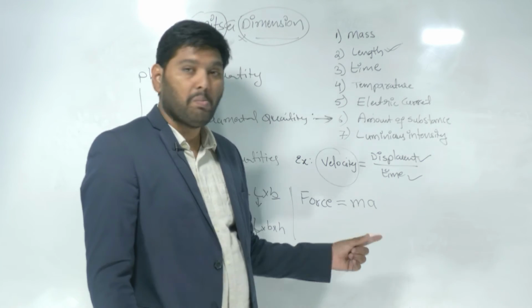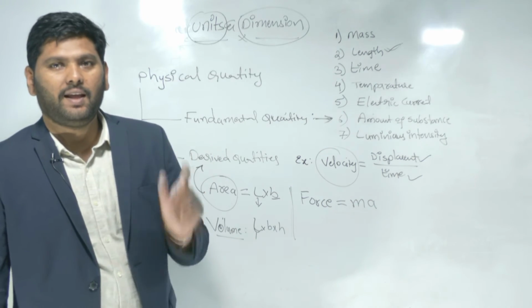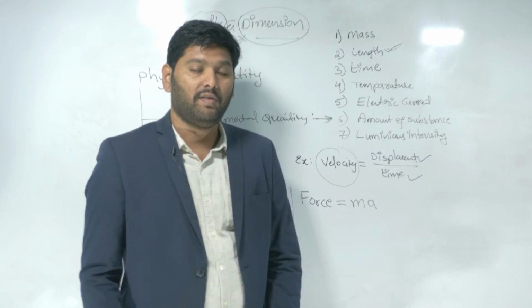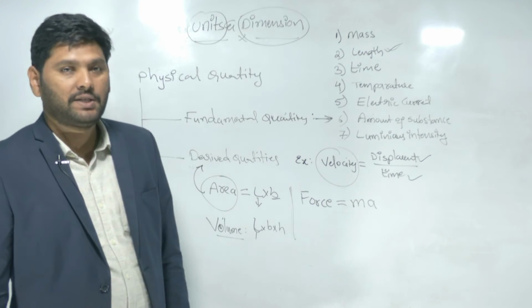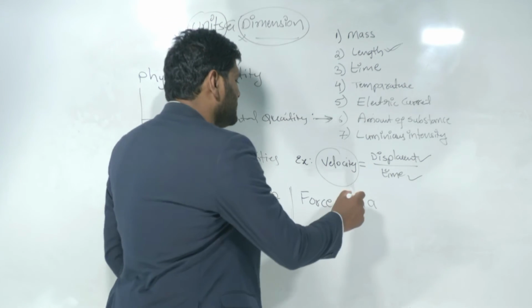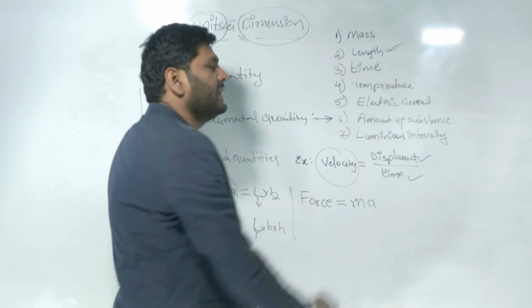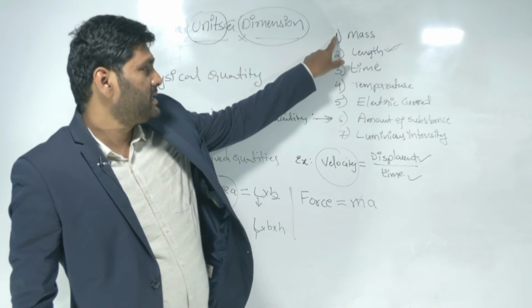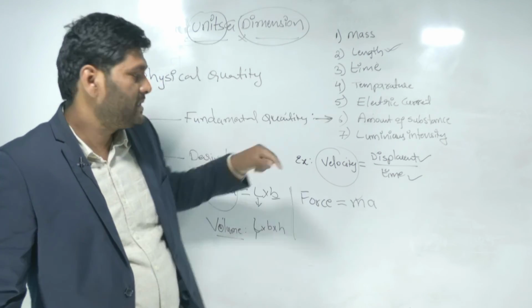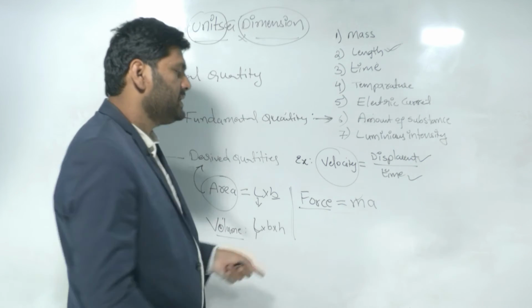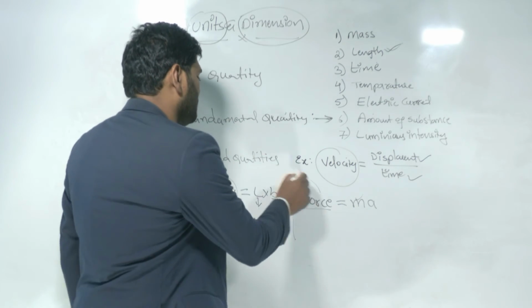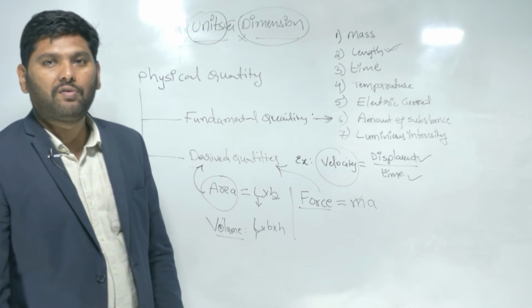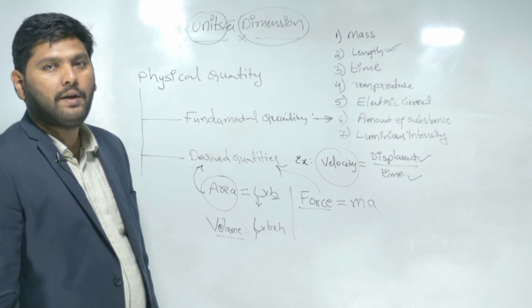Mass into acceleration. So here mass is what kind of quantity? You know mass is a fundamental quantity. Since force depends upon the fundamental quantities, this is what kind of quantity? Derived quantity. Got my point?